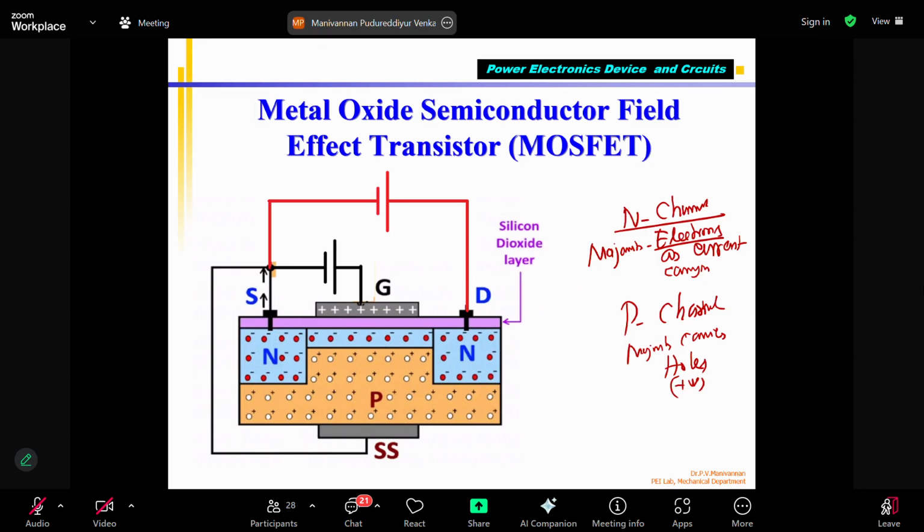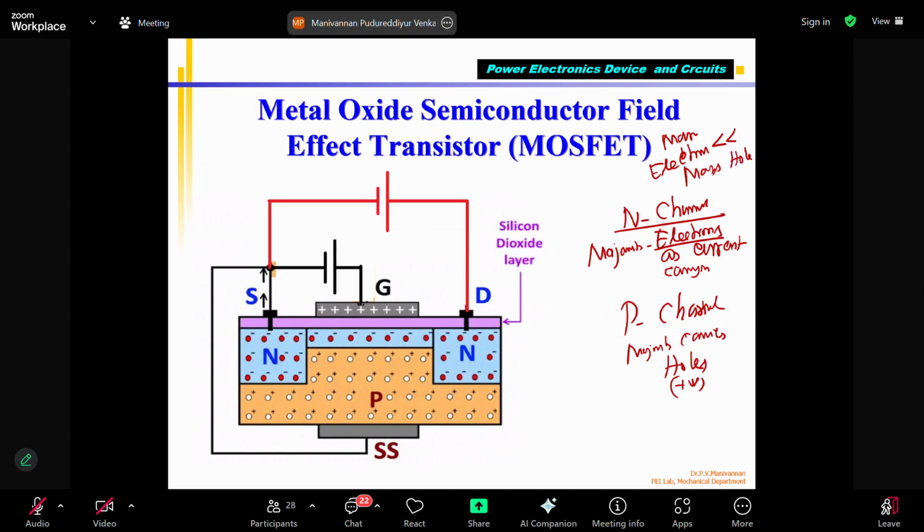Slight difference: what is the mass of an individual electron? Any idea? The mass of an individual electron is much smaller than the mass of a hole, the positive charge. So if the mass is less, the electron can move faster.